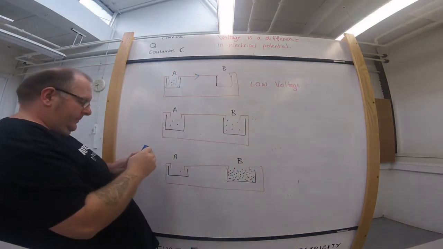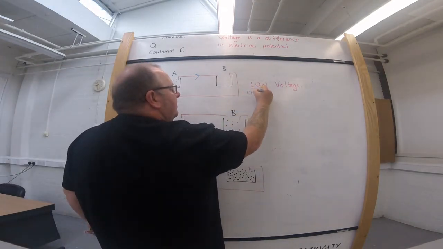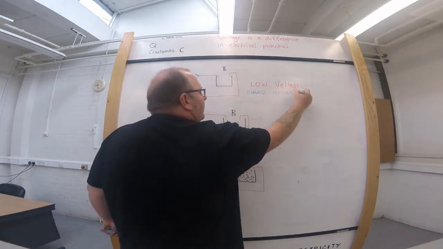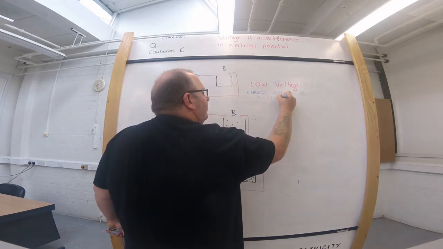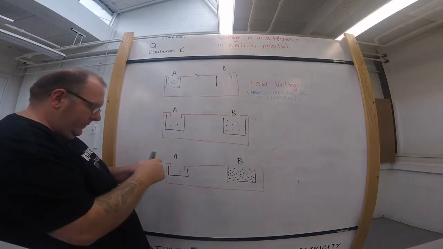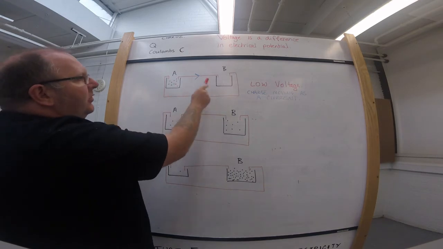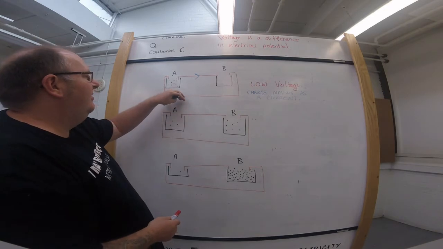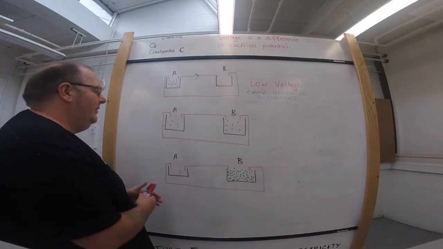Low voltage, charge moving as a current. It's low voltage because there's not much difference in potential. You know, we've got no charge here, charge of 10 there. I'm making these numbers up.